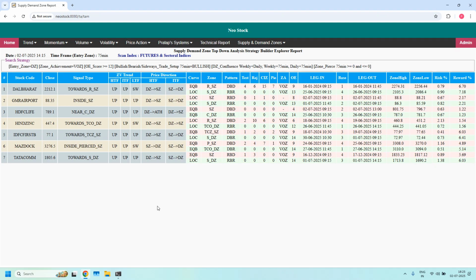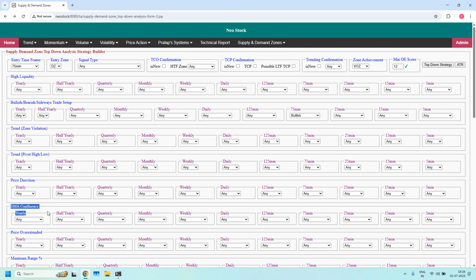So we can further filter with the weekly demand zone with weekly EMA. In that case, the overlapped 75 minutes demand zone inside the weekly demand zone might be having even more high probability to get success. Let's verify. EMA confluence to weekly time frame, we are checking weekly demand zone having weekly EMA.